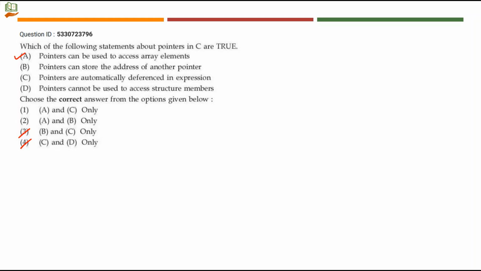Let's take the next statement. Pointers can store the address of another pointer. Yes, they can store the address of another pointer, and we call such pointers double pointers or pointers to pointers. So definitely this statement is also true. Without even looking at C and D, you can mark option number 2 as the right answer. So we know 1 is also wrong.